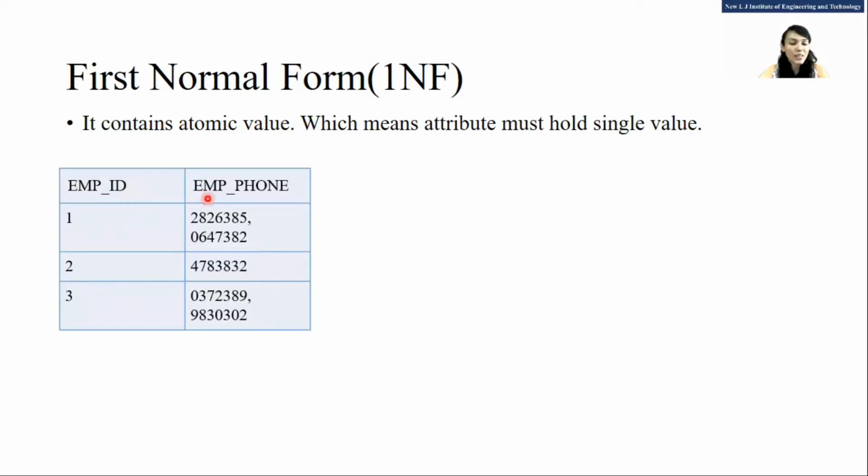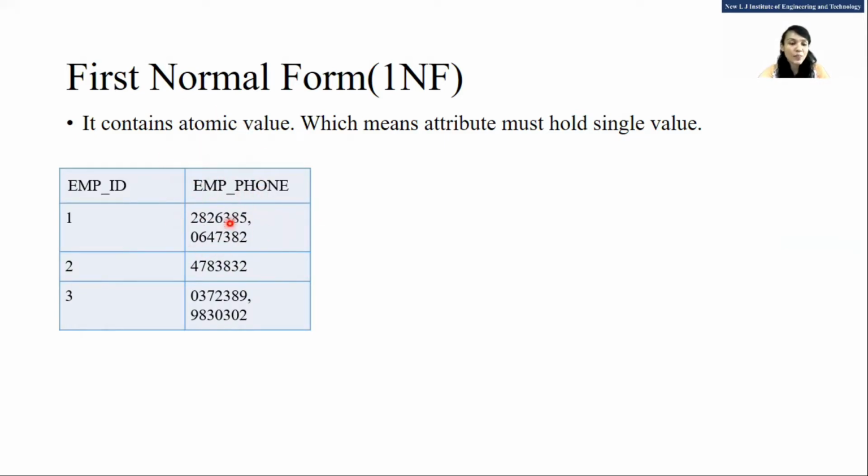Here we have an example with employee ID and employee phone. The first employee has two phone numbers, the second has one, and the third again has two numbers. If I write data like this, then this table is not in first normal form. To convert it, I have to make sure that each and every attribute has an atomic value.